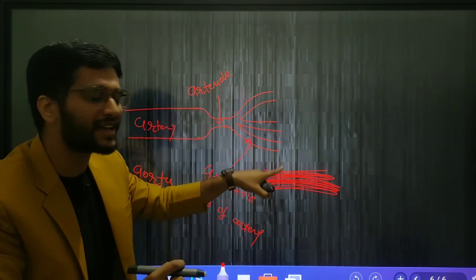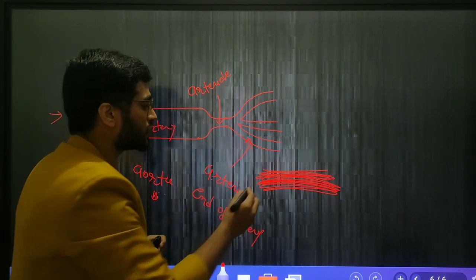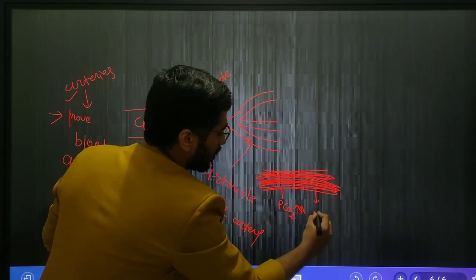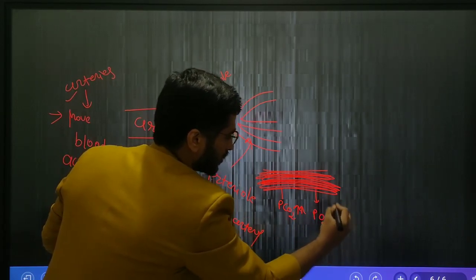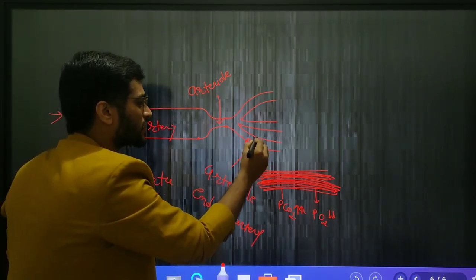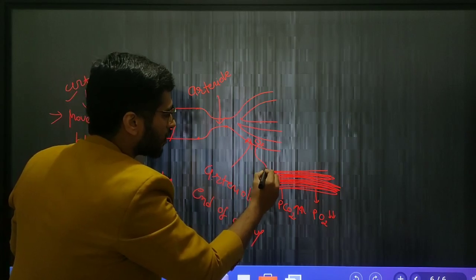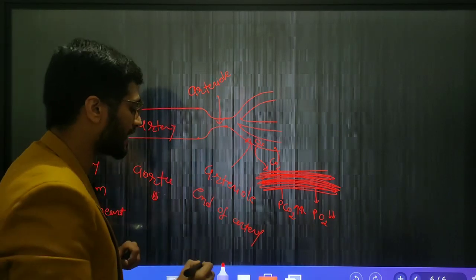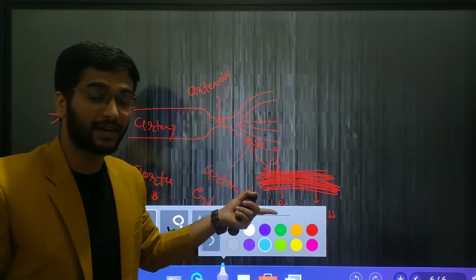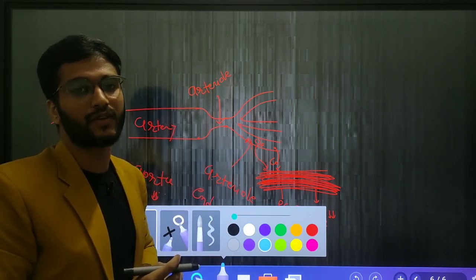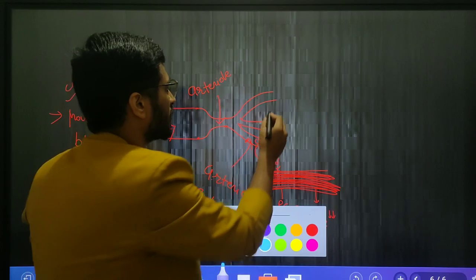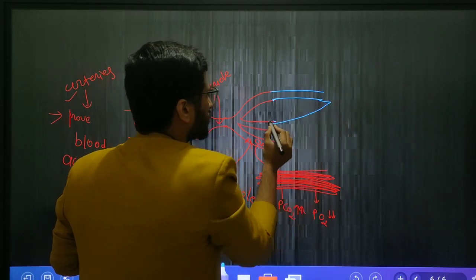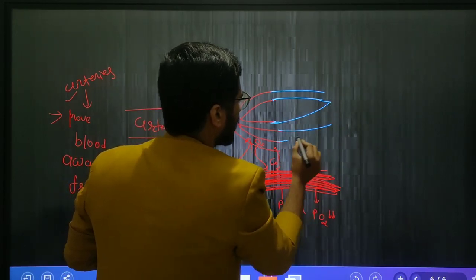Capillaries are near the muscle or tissue, and tissue has a higher partial pressure of carbon dioxide and lower pressure of oxygen. By diffusion, the oxygen in the artery goes into the muscle, and the carbon dioxide in the tissue goes into the vessel. This results in deoxygenation of the blood, and the capillary now runs with deoxygenated blood.